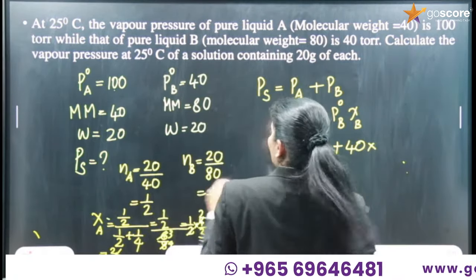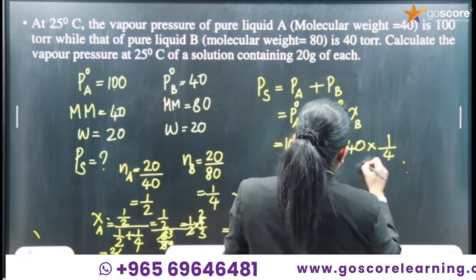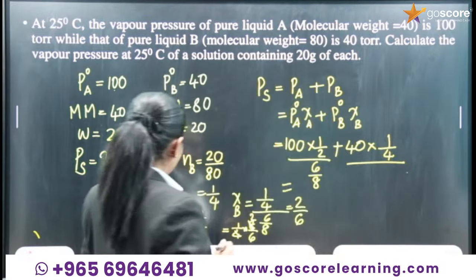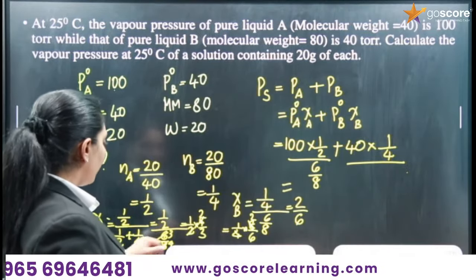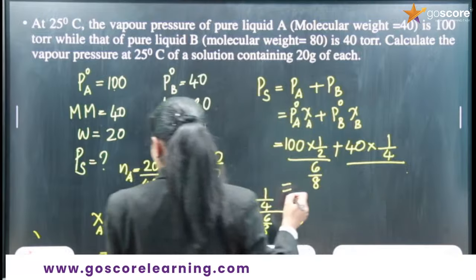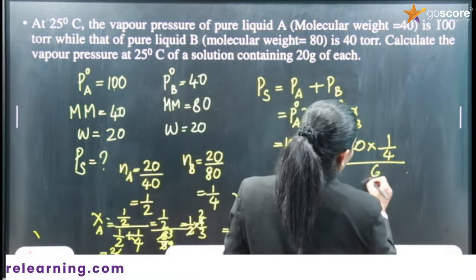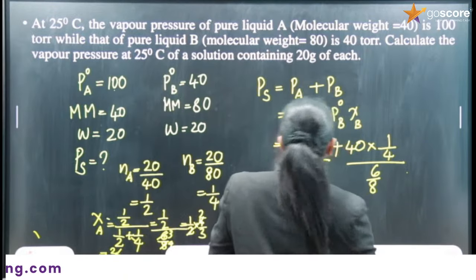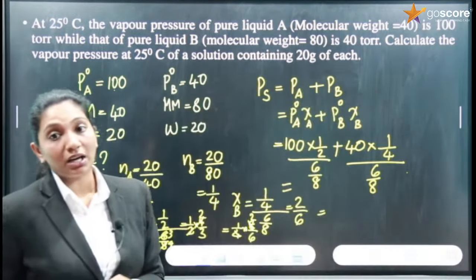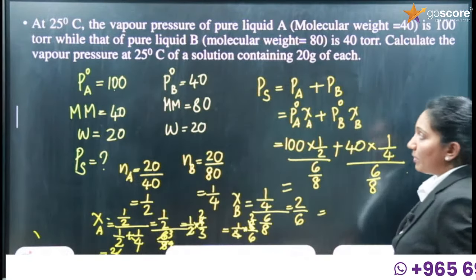Into Nb, we got 1 by 4 divided by Na plus Nb, we got 8 by 6, 6 by 8, right? So by doing the calculation, we can find out the vapor pressure exerted by the solution.